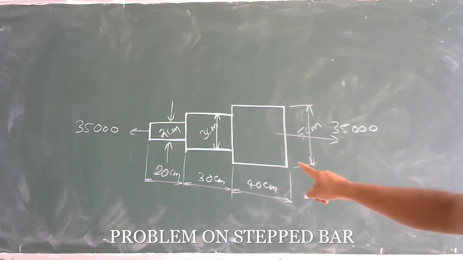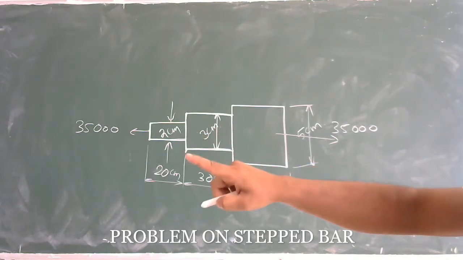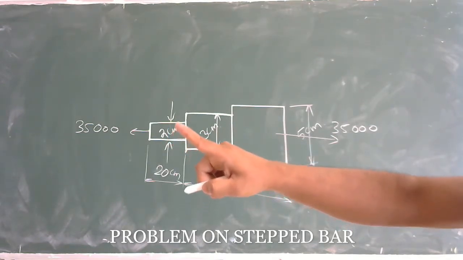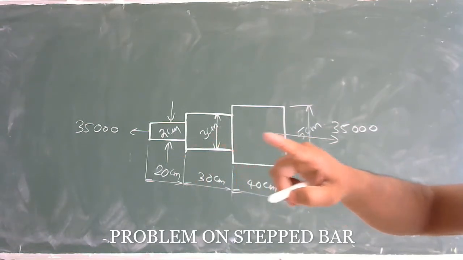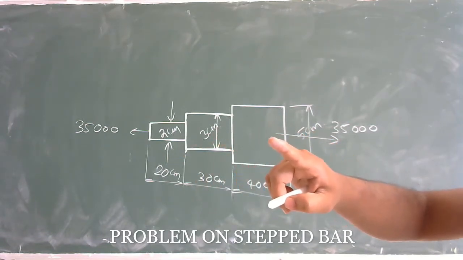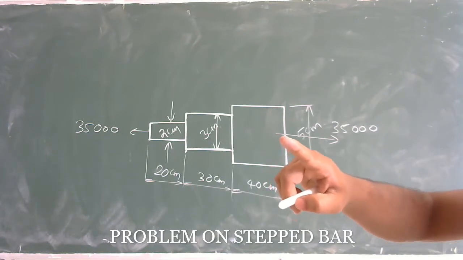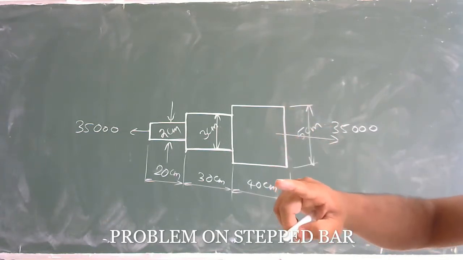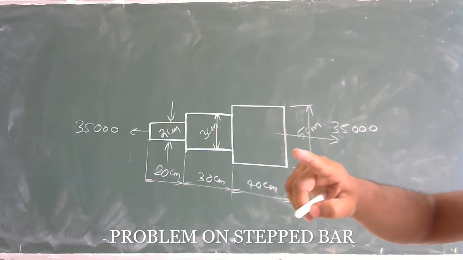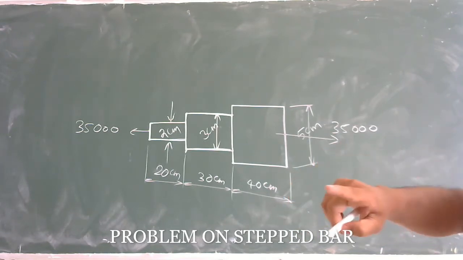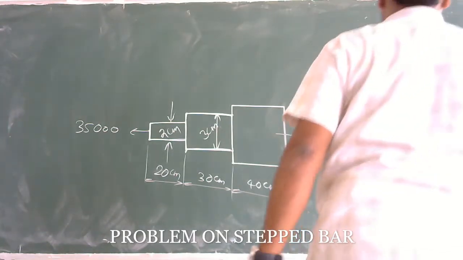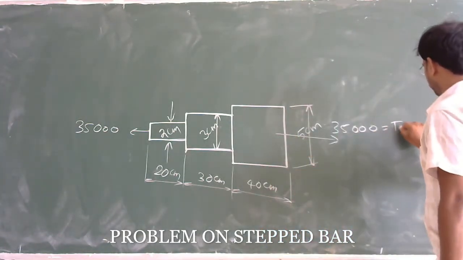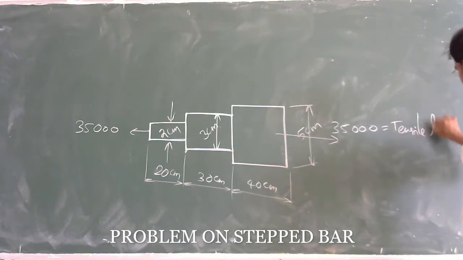Stepped bar means a bar with varying cross sections. You have a 2 centimeter diameter, the next one is 3 centimeter diameter, and the third one is 5 centimeter. Their cross sections are circular, and the load that is given is 35,000. It is a tensile load. We call it a tensile load.